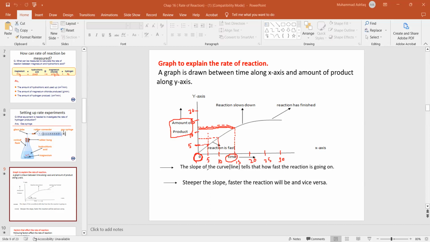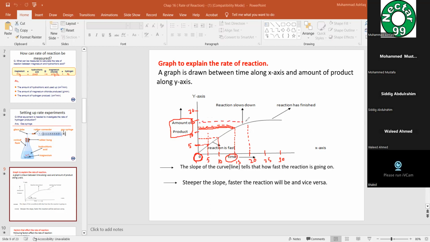It means with the passage of time, the amount of product slows down. At 20, it should be near 15. At 25, you can't see any increase in the amount of product. So at 30, there is no change and the reaction has finished, whatever maximum amount you get after 30 seconds.